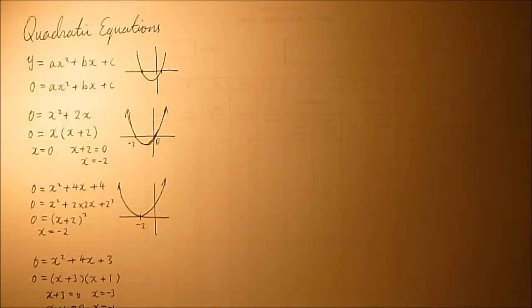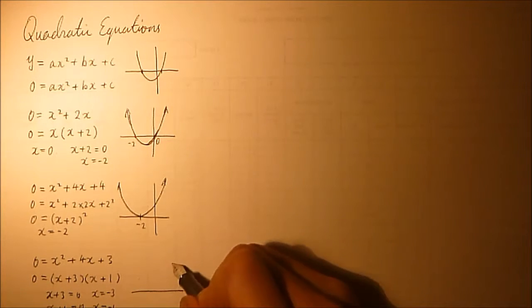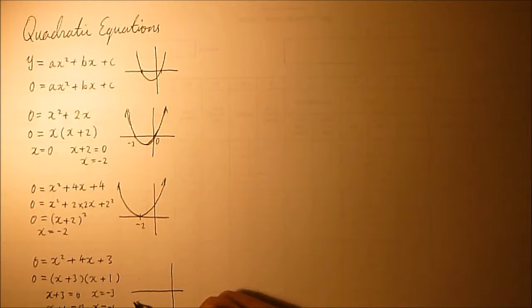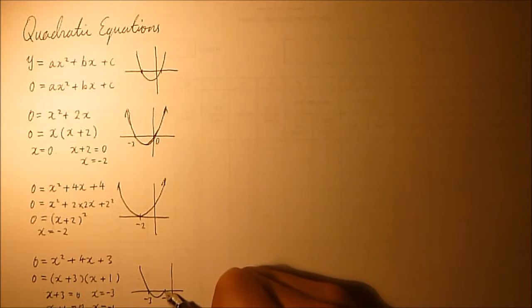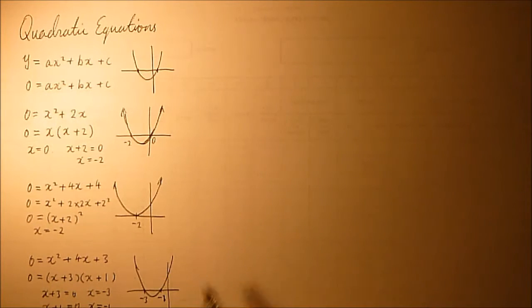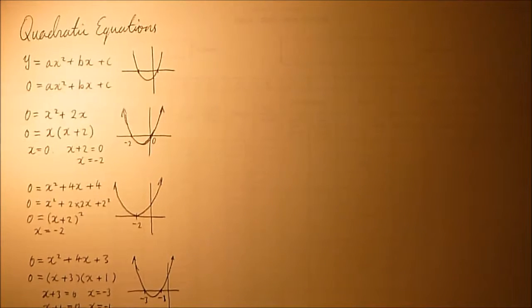What does that mean in terms of the parabola? We can have a parabola. It means that the first intercept is x equals minus 1, and the second intercept is x equals minus 3. And we end up with something that looks like this, with two intercepts, with arrows to show that they go on forever.